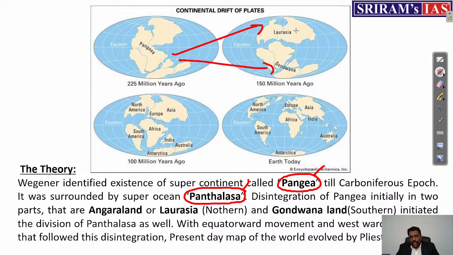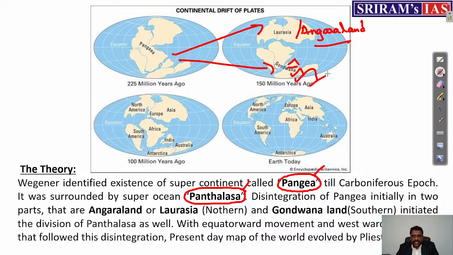The northern landmass, you call Laurasia, or sometimes also referred to as Angara land. And the southern landmass, you call Gondwana land. India is largely part of this Gondwana land. So Angara land and Gondwana land.